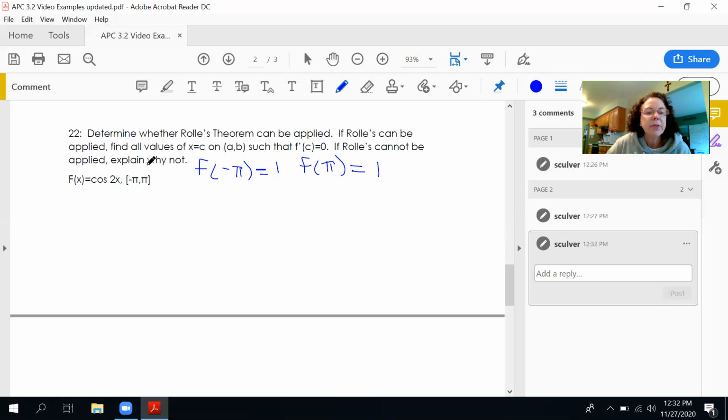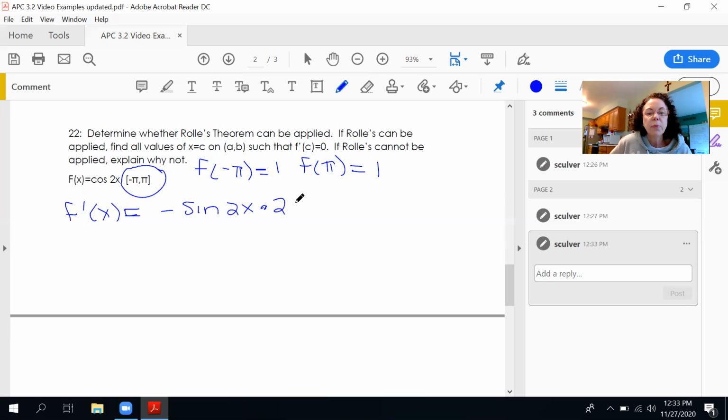So it is guaranteed that there is an x value where the derivative equals 0 between negative pi and pi. So let's go ahead and take the derivative. By the chain rule, we have an outside function of cosine, so that would be a negative sine, and we keep the inside function the same, times the derivative of the inside function, which is 2.